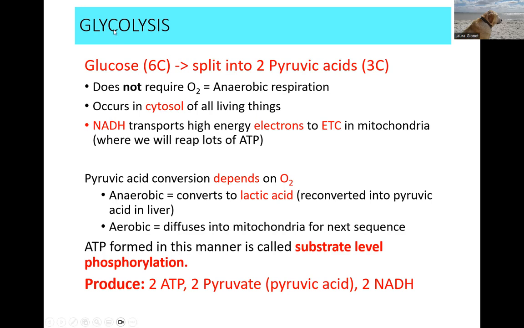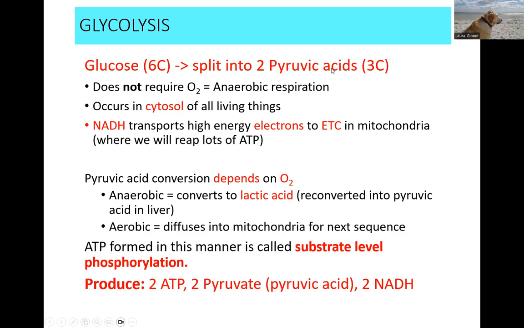The ATP that is formed within glycolysis is via substrate level phosphorylation. So the method is substrate level phosphorylation. So what are the products of glycolysis? We start with one glucose molecule, a 6-carbon chain, and we end with these things. So know what you begin with, what you end with, and that substrate level phosphorylation occurs here.